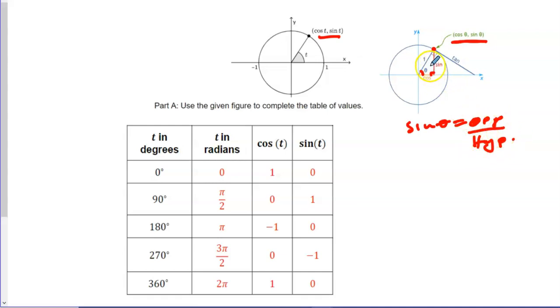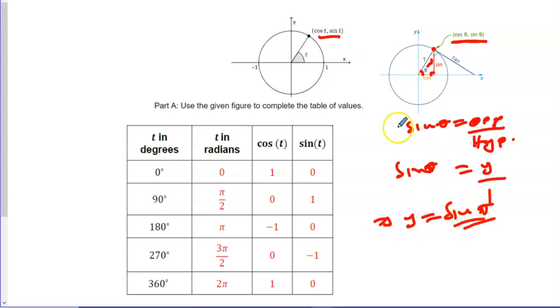Now you will see that the opposite here is equal to our y, and the hypotenuse is our r, which is 1. And so sin theta becomes y over 1. This means that y is equal to sin theta. And that is why we have the y coordinate to be sin t. Now by similar reasoning, we will get x to be equal to cos t.